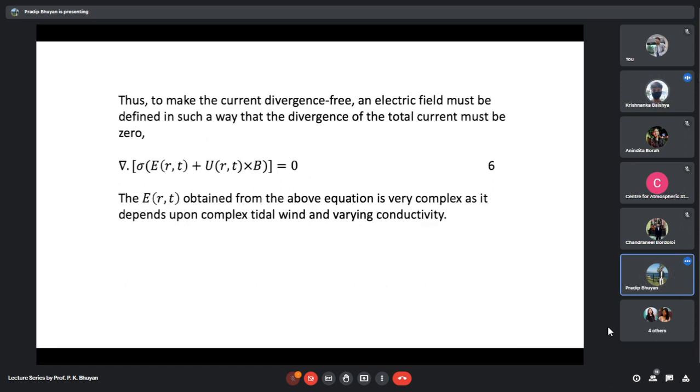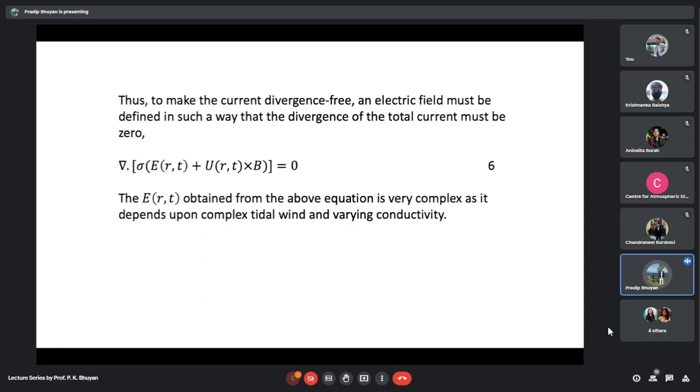Okay. So what we have discussed so far is that because of the difference in conductivities and because of the tidal oscillations, there is a current in the E region which is basically divergent, or you can say it is not divergence free.